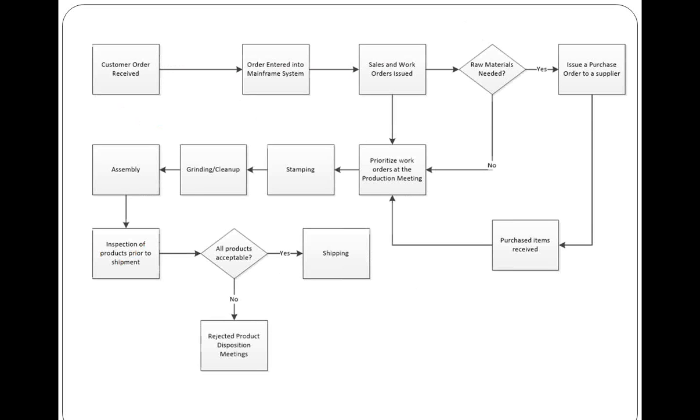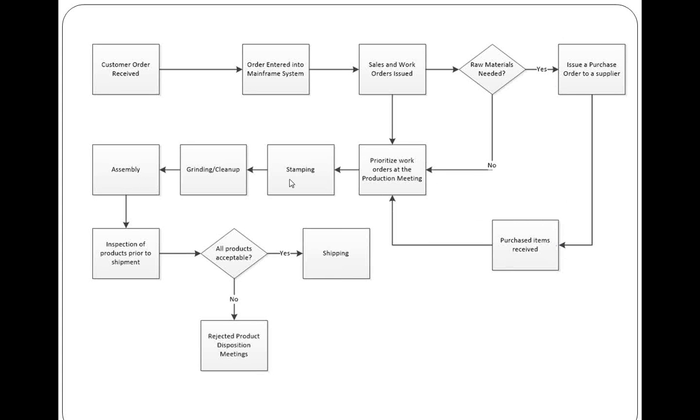So here's the raw interaction of processes, and we have some steps called out here. Customer order received, order entered into mainframe, sales and work orders issued. Here we have an assessment for need of raw materials, purchase order issued to supplier, purchased items received, prioritize work orders at the production meeting.